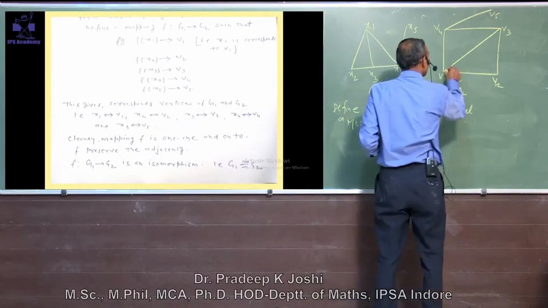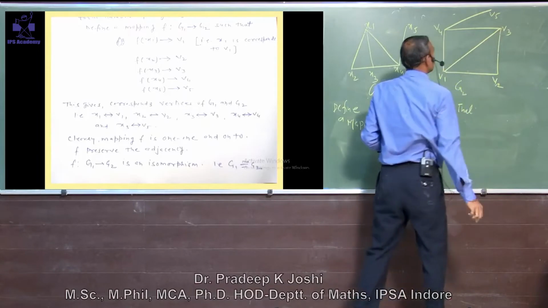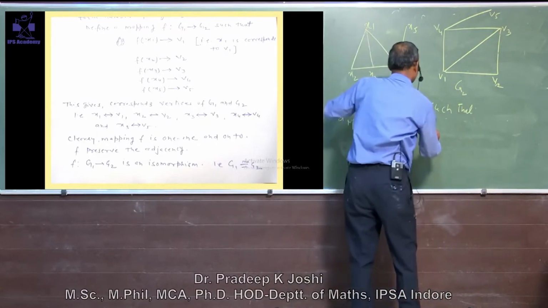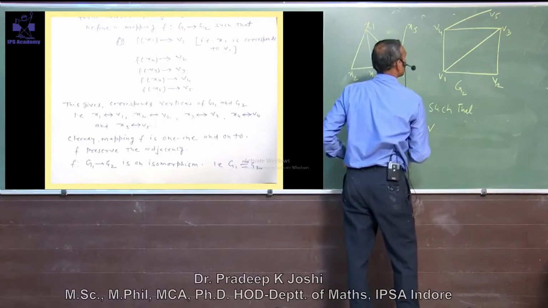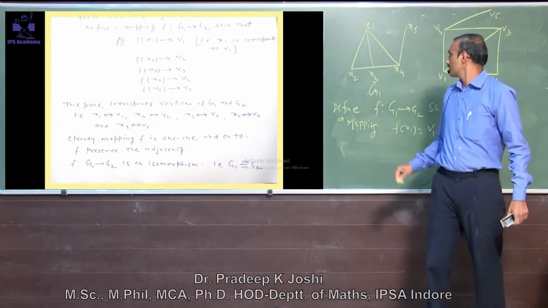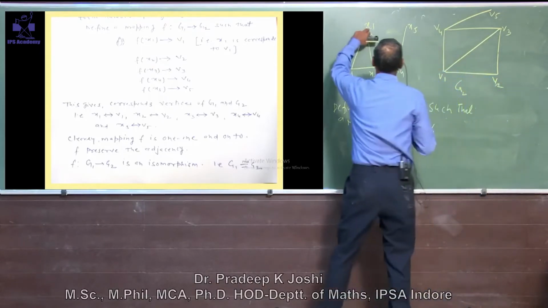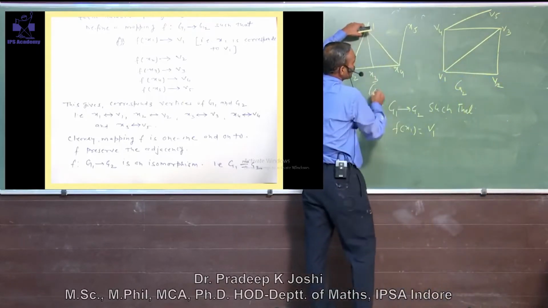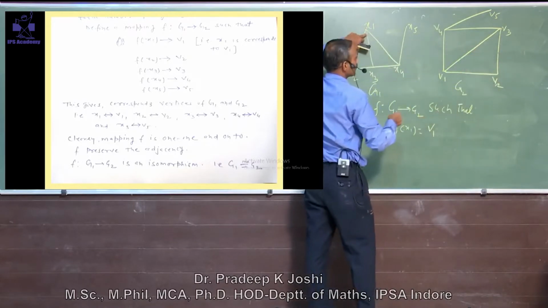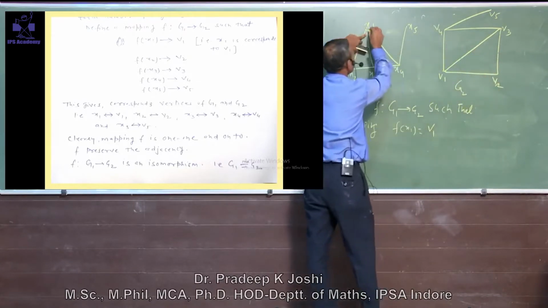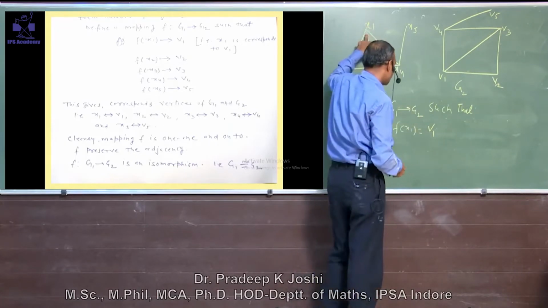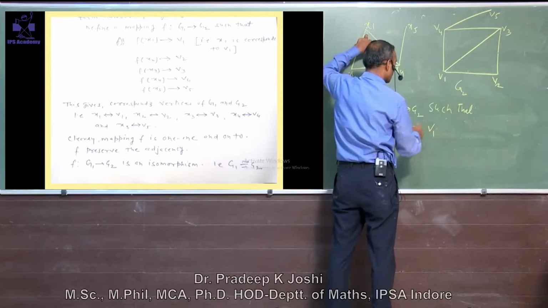Either v1 or v2... both have degree 3? Here we take v1 for x1. We can't take v2 because the degree of v2 is 2 and x1 has degree 3, so both cannot be corresponding vertices. So f of x1 equals v1.